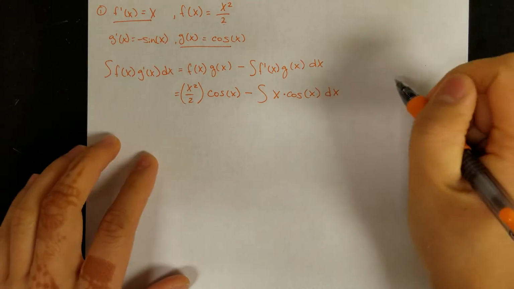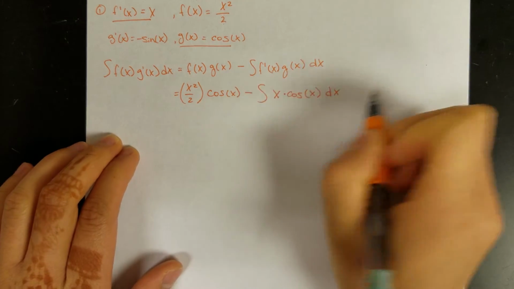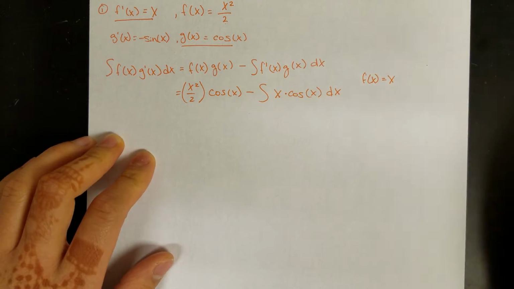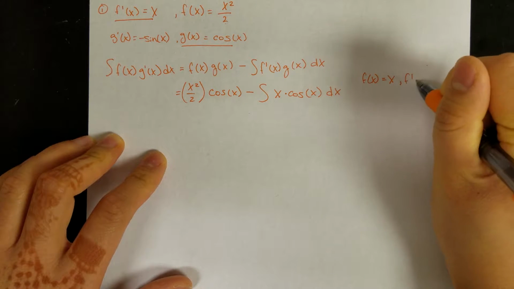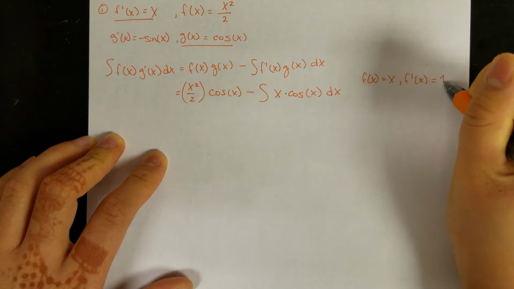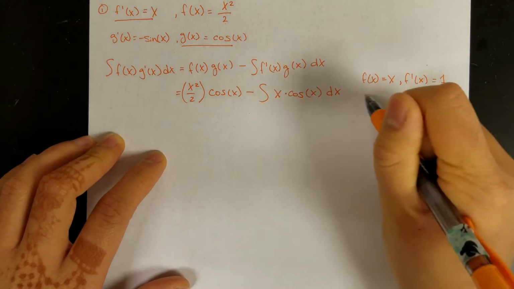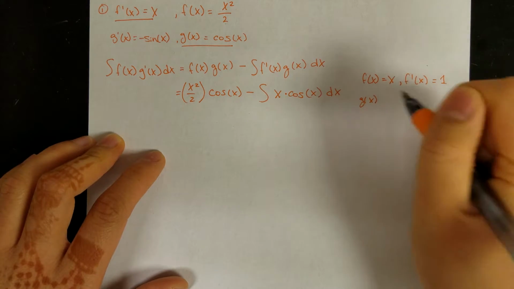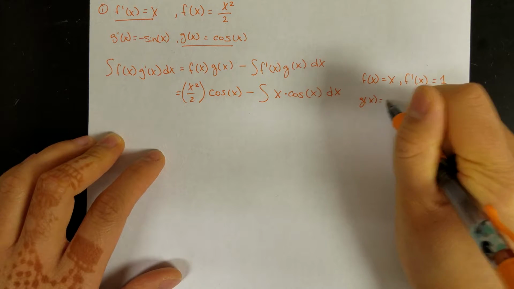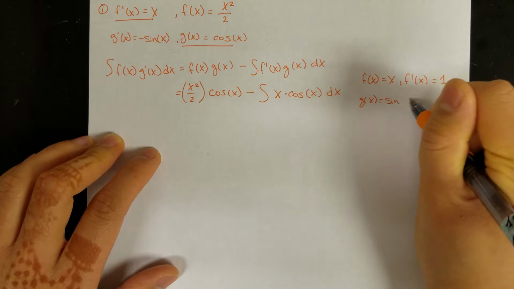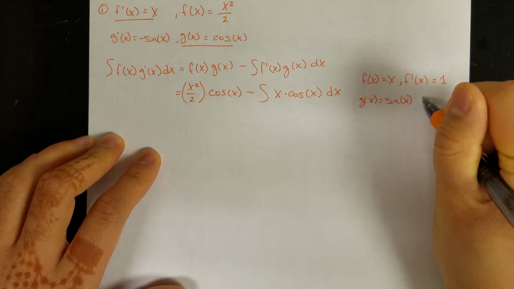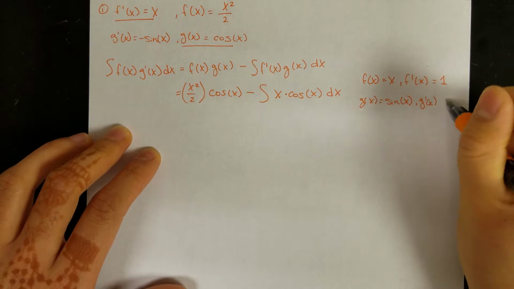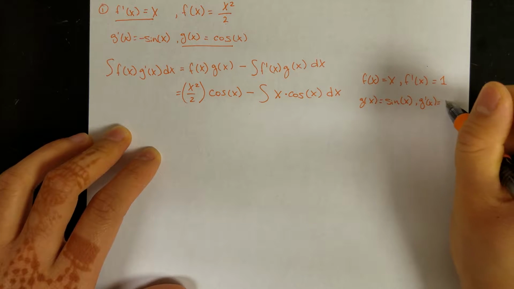So to solve for this integral, our f of x is going to be equal to x, which means the derivative of that is going to be equal to 1. And then our g of x is going to be equal to sine of x, and the derivative of that is going to be equal to cosine of x.